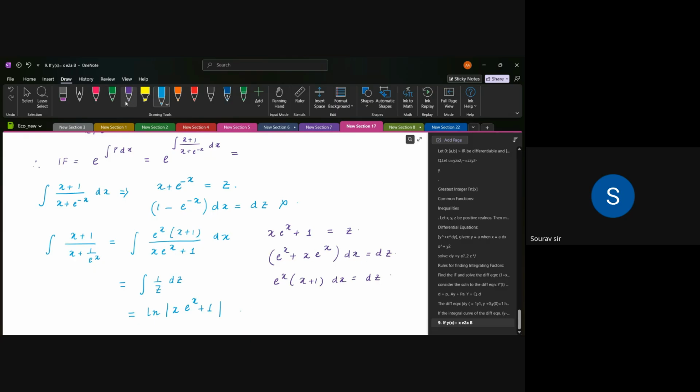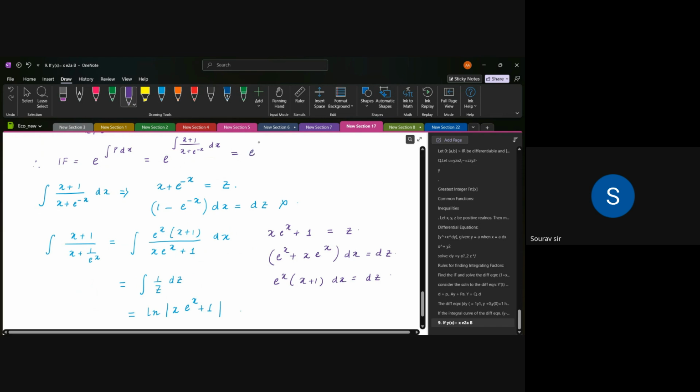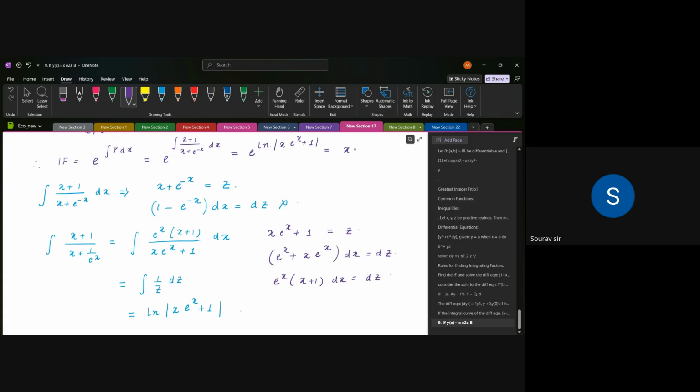So that means the integrating factor will be e raised to the power log mod of this. So that means x into e to the power x plus 1, right? This is what we are getting.